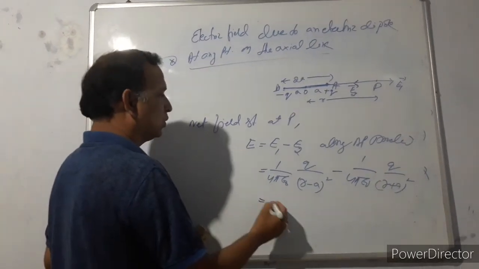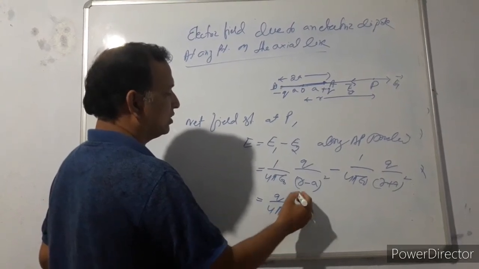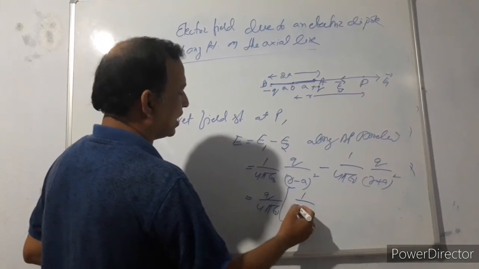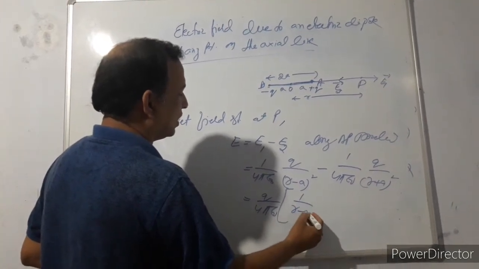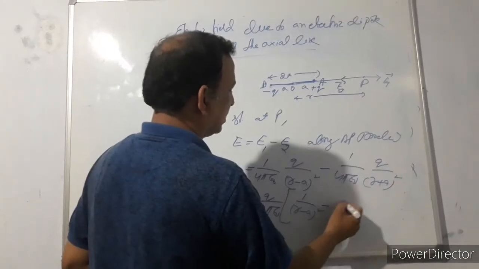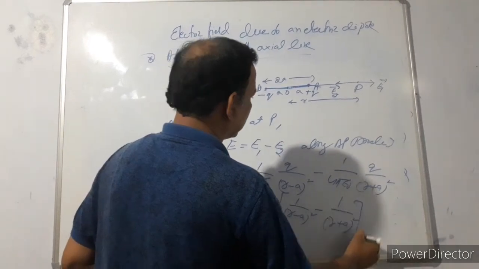That is equal to q by 4 pi epsilon naught, taking it common, inside the bracket 1 by r minus a whole square minus 1 by r plus a whole square.